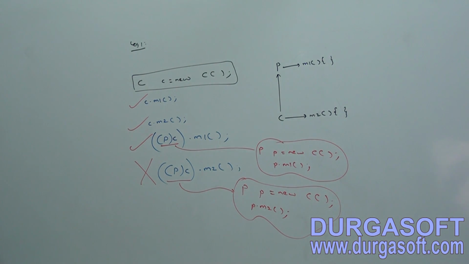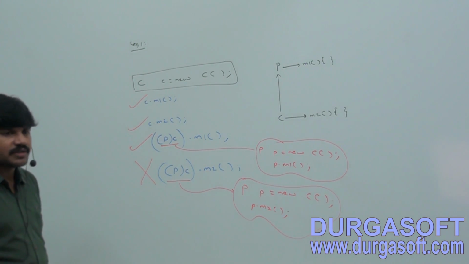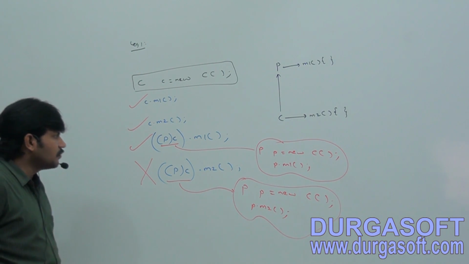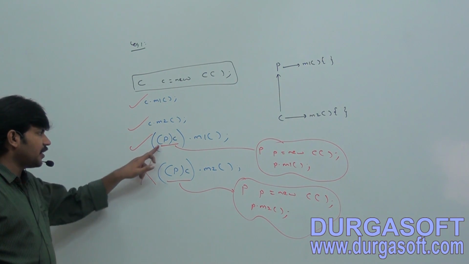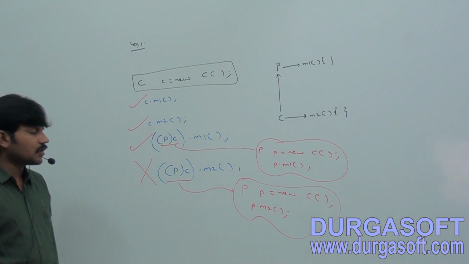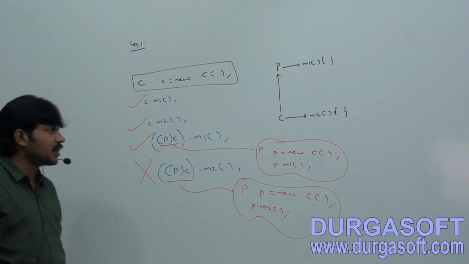Child C is equal to new Child, C dot M1, C dot M2, C typecast to the parent type dot M1, C typecast to the parent type dot M2.